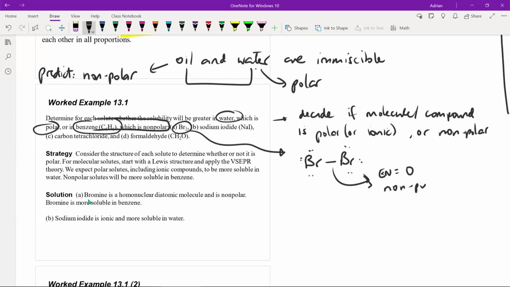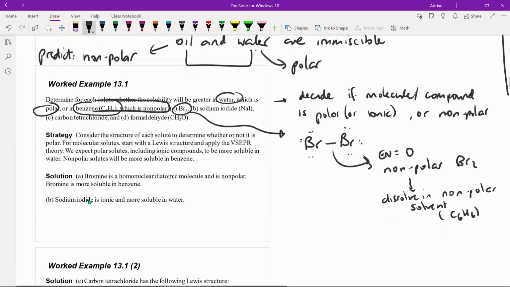So this is going to be non-polar, Br2, which means that it will dissolve in a non-polar solvent, which would be benzene, the C6H6.